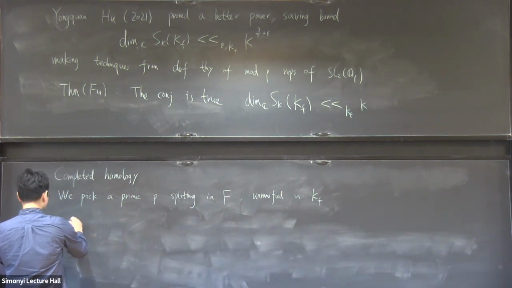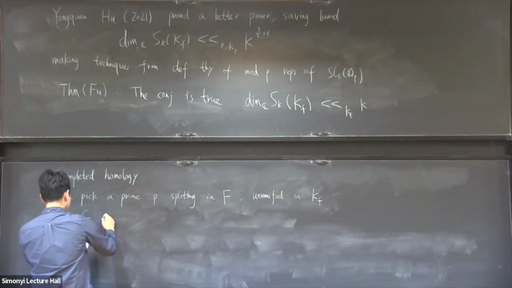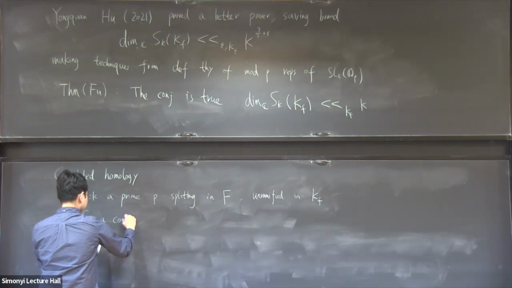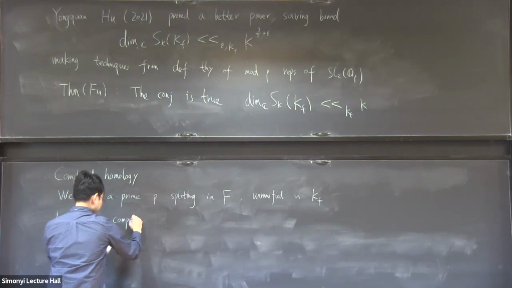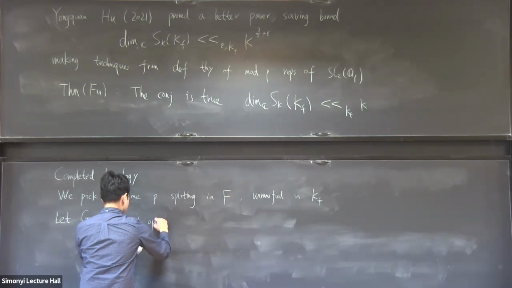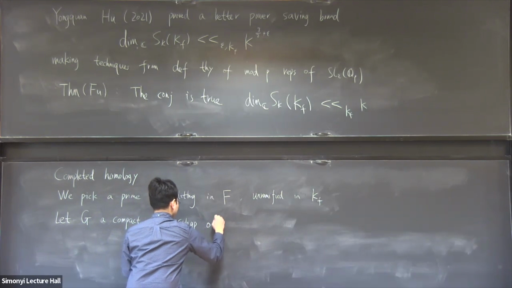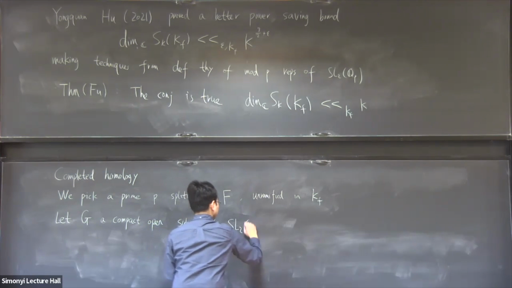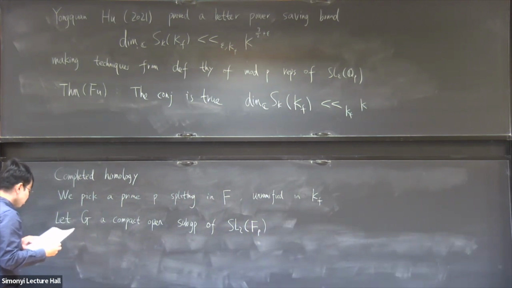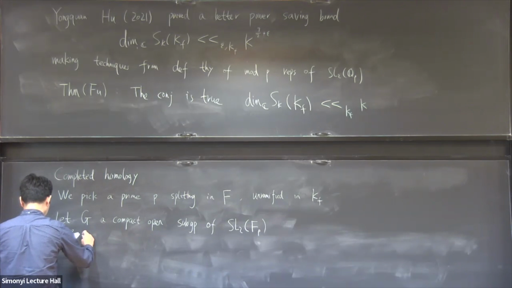Let G be a compact open p-adic subgroup of SL2FP. It is a compact p-adic group, and K upper P is a tame level.